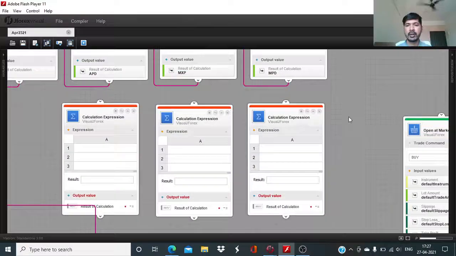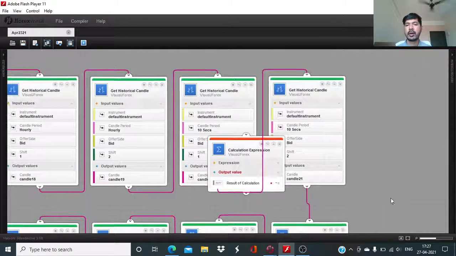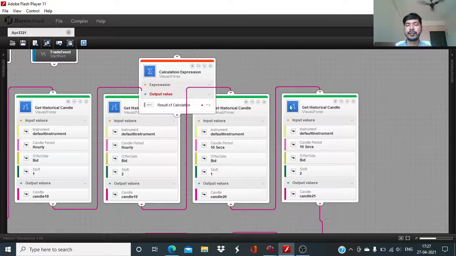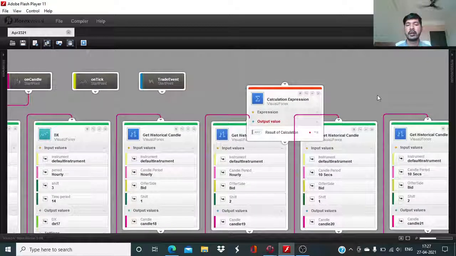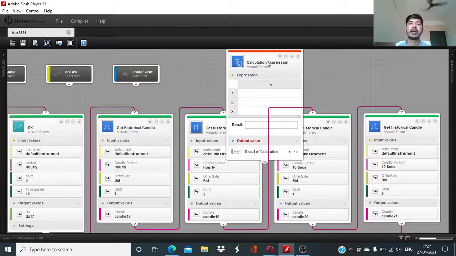Now let us see the actual price difference while executing the sell trade.